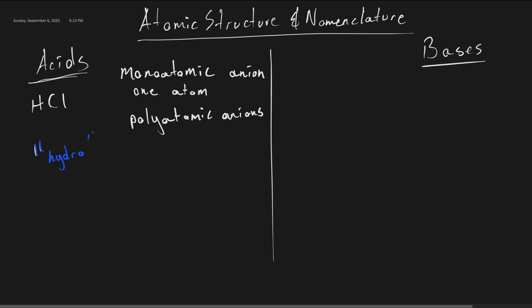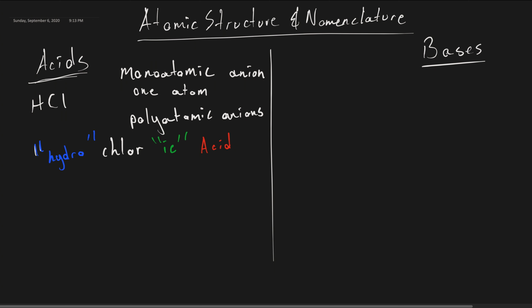Then we state the base name of the monatomic anion, chlor, and we add the suffix ic, and we simply finish it off by saying that it's an acid. So HCl would be hydrochloric acid.